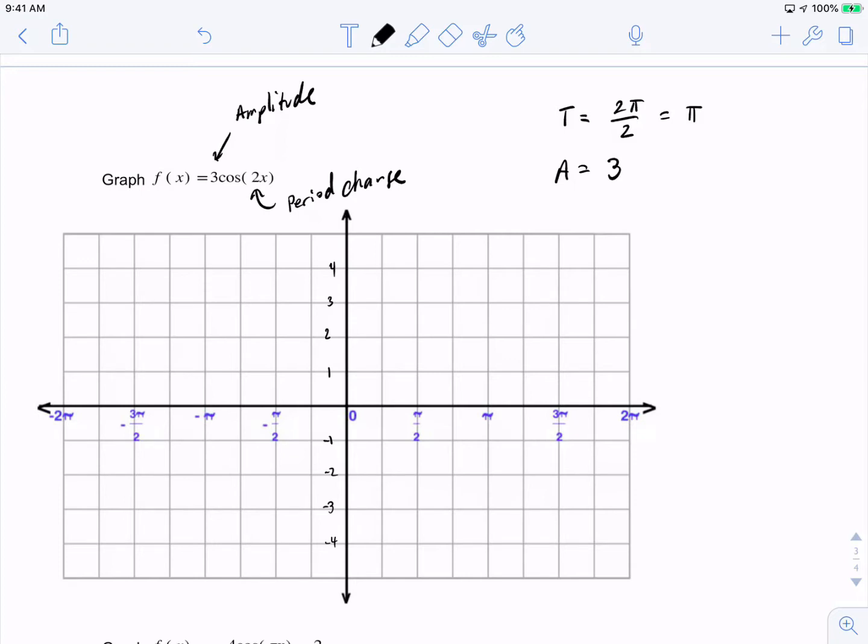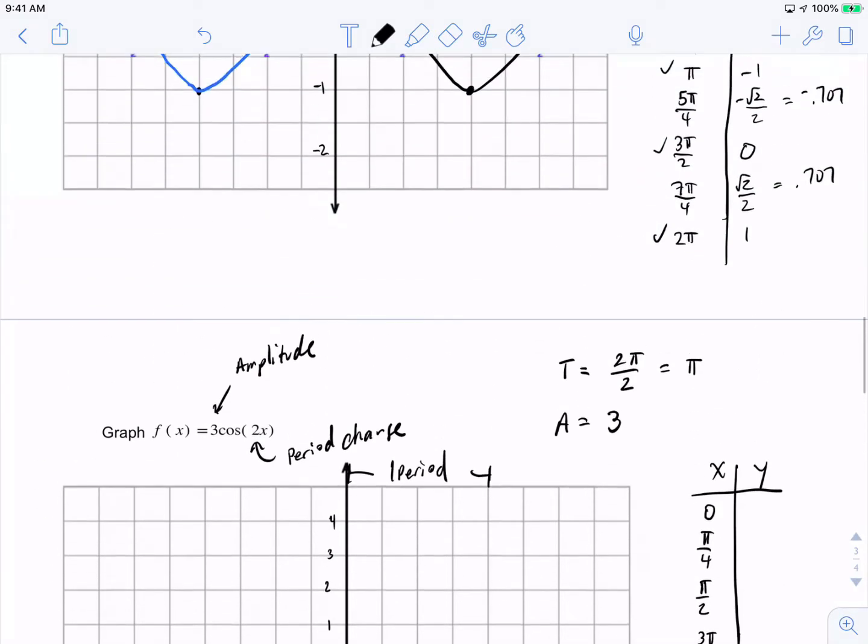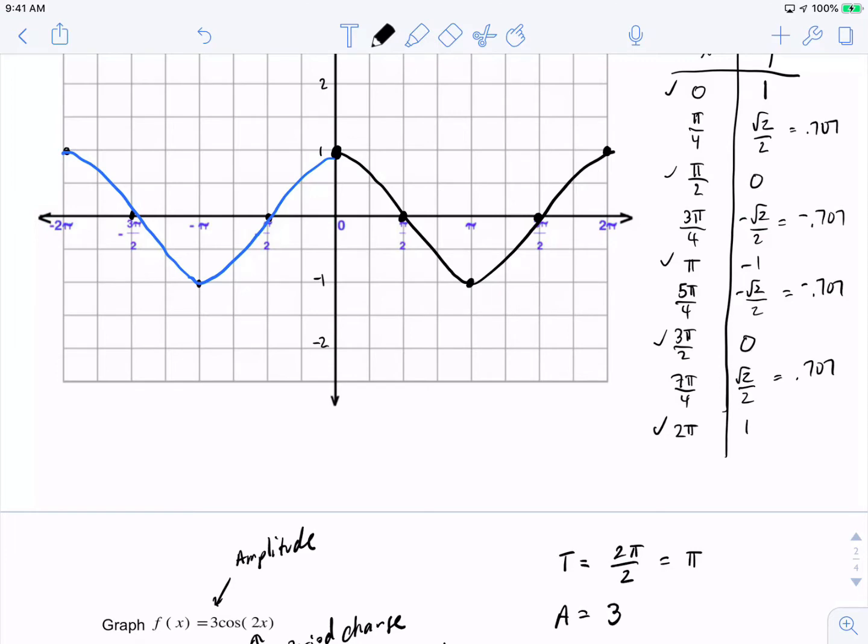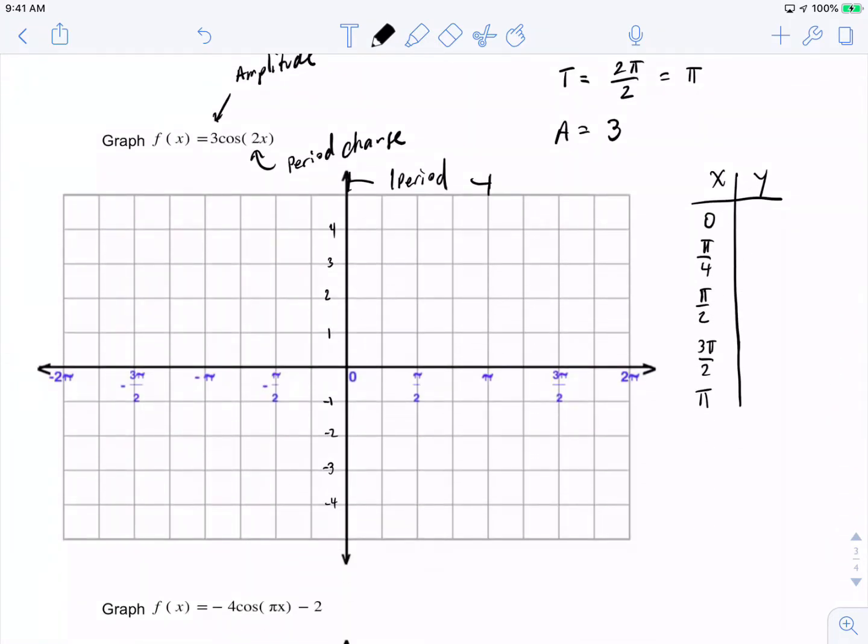So when I do this chart for x and y, I'm going to use 0, pi over 4, pi over 2, 3 pi over 2, and pi, because that's the full period right there. So the period is only going to go from here to here. That's going to be 1 period now. So that means that this black wave is going to be in just that short of a section. So let's do the math behind it.